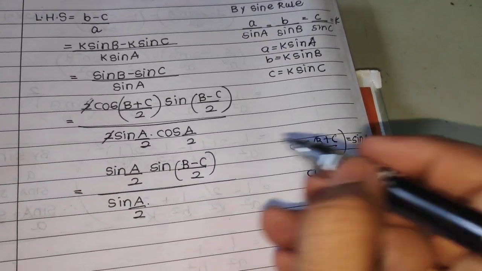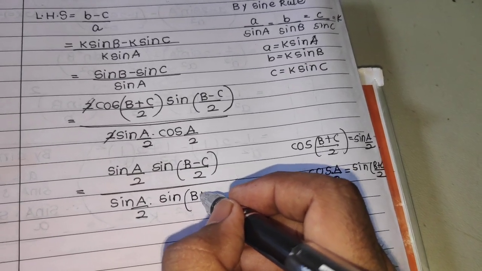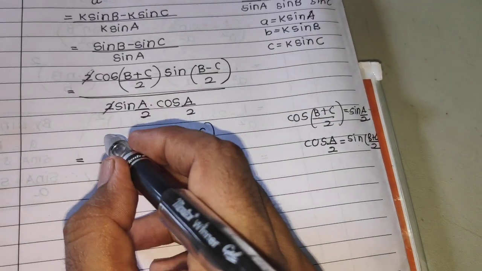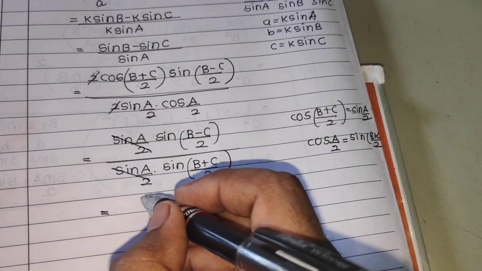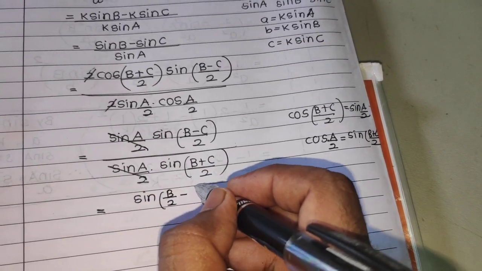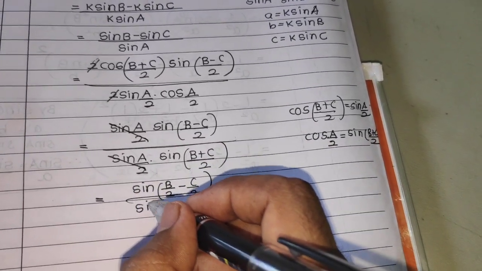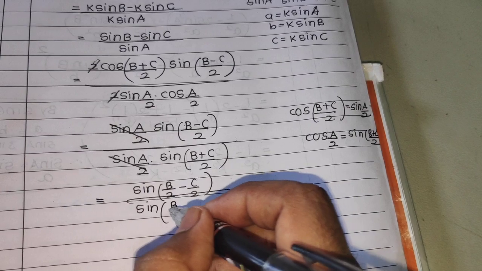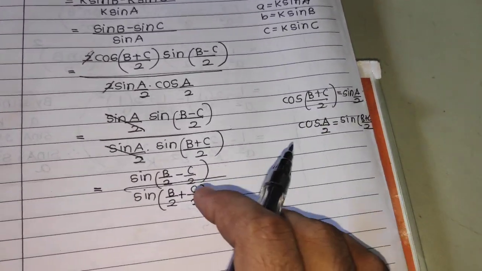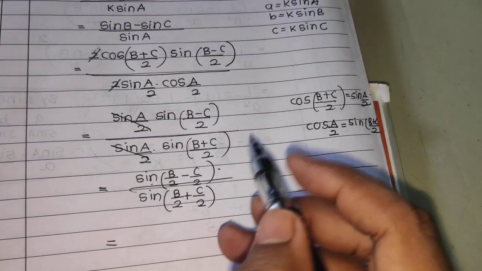What about cos of a by 2? That is sin of (b plus c) by 2. So both get cancelled. Now this can be also written as sin of (b by 2 minus c by 2), and the denominator is sin of (b by 2 plus c by 2). So we can use the formula of sine of a minus b.